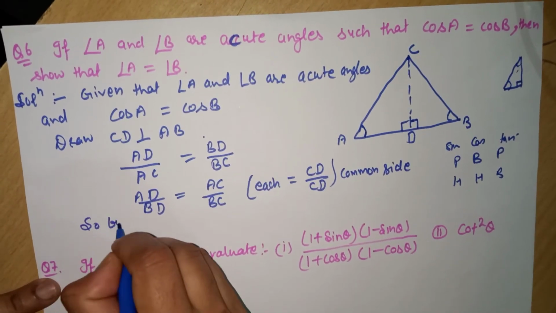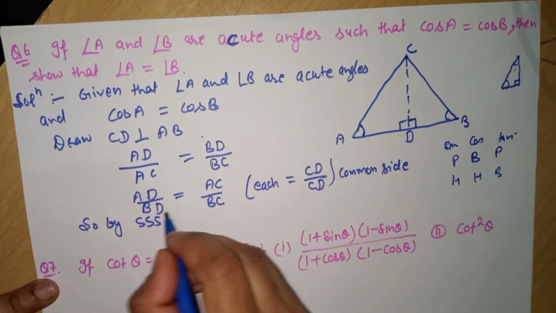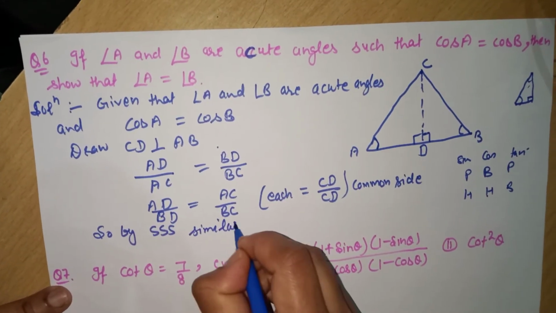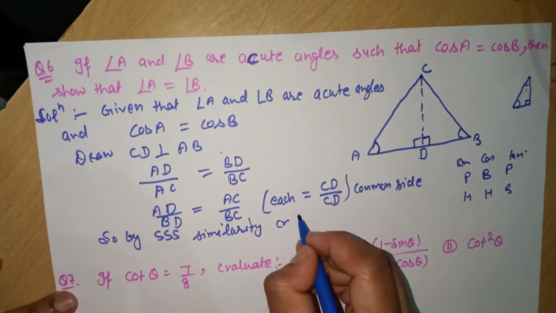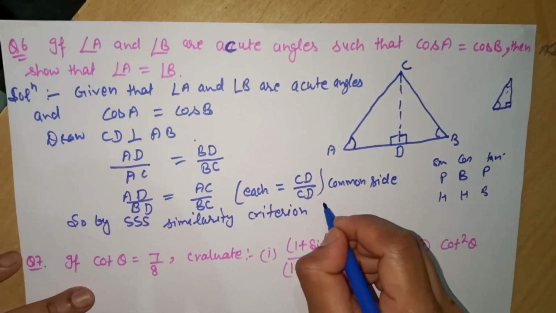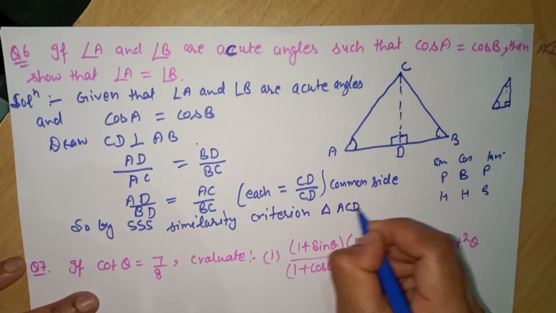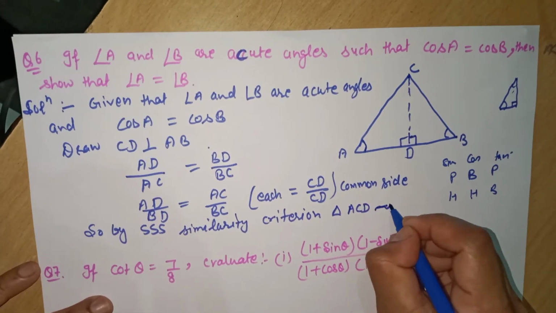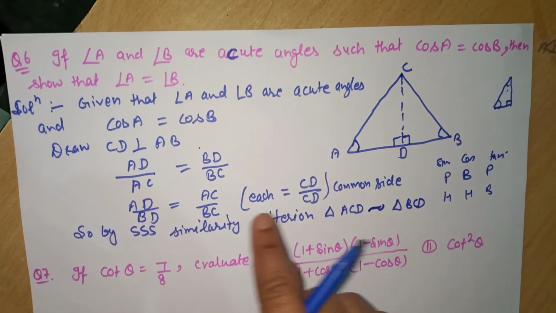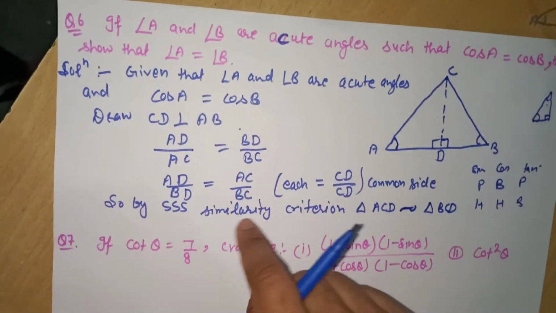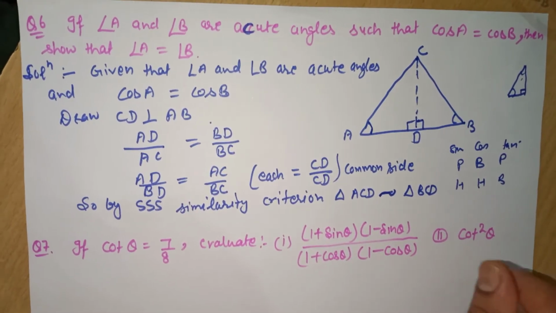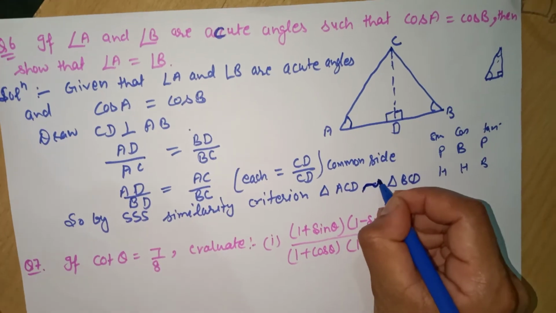So by SS, meaning side similarity criterion, triangle ACD is similar to triangle BCD. I hope you have learned these similarity criteria SS, SAS, etc. in the 9th class. So now this is the similarity sign.